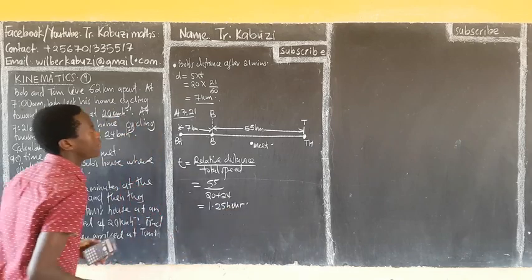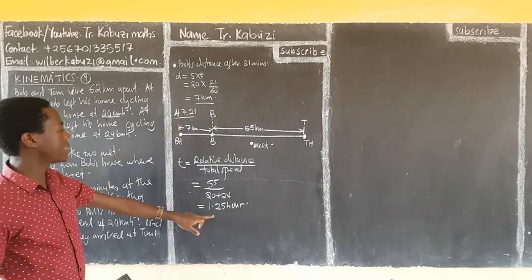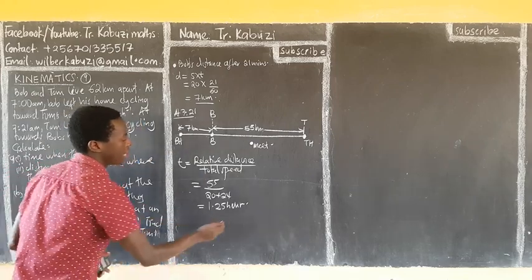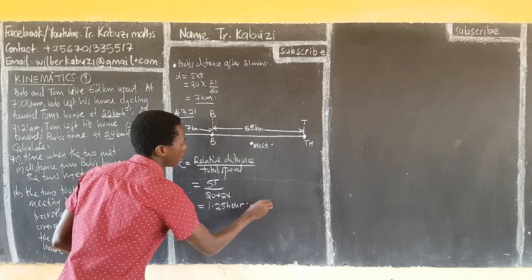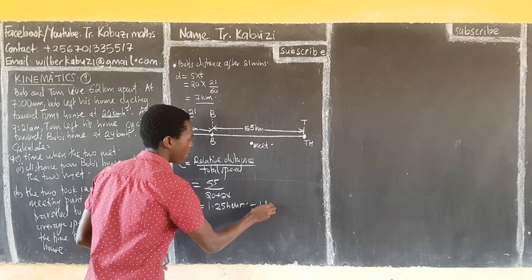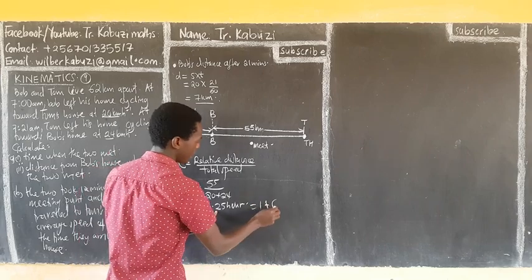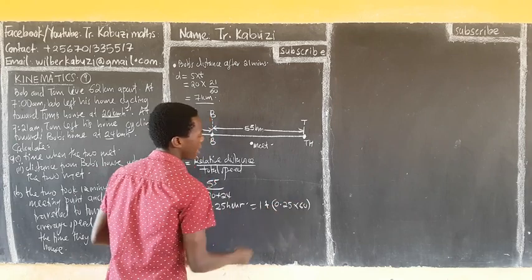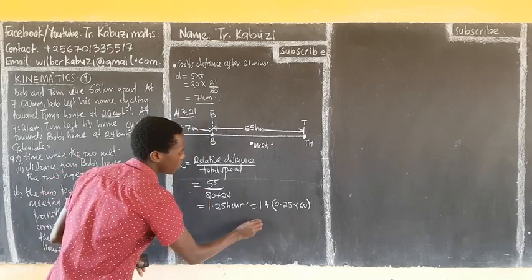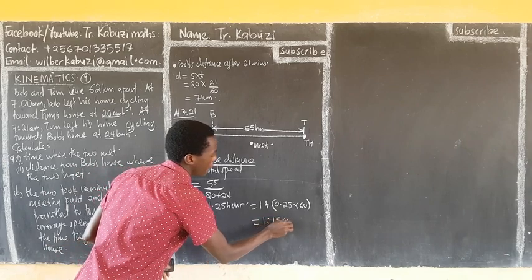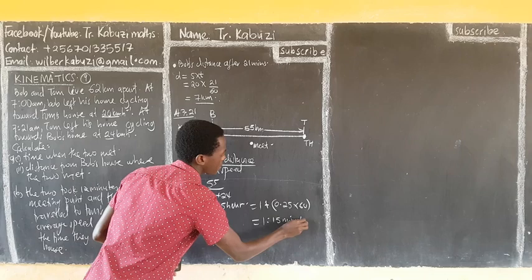We convert this to minutes: 1 hour plus 0.25 times 60, which is 15 minutes, so 1 hour 15 minutes.